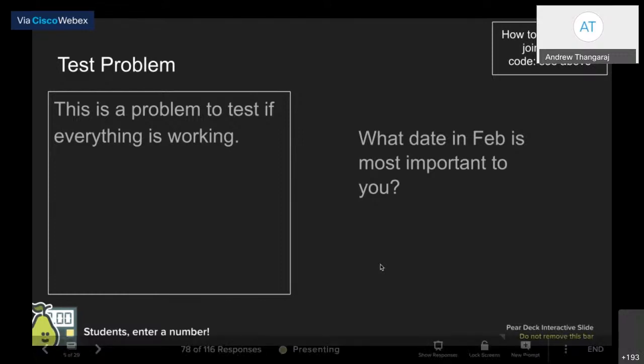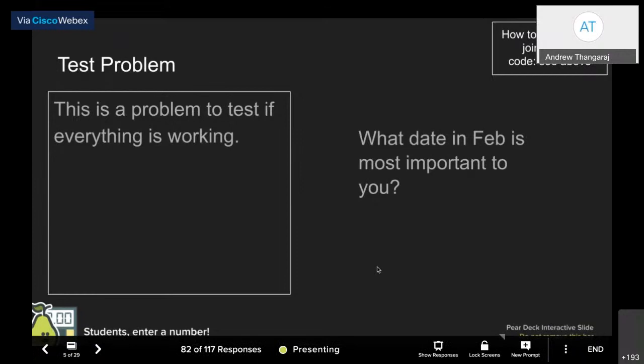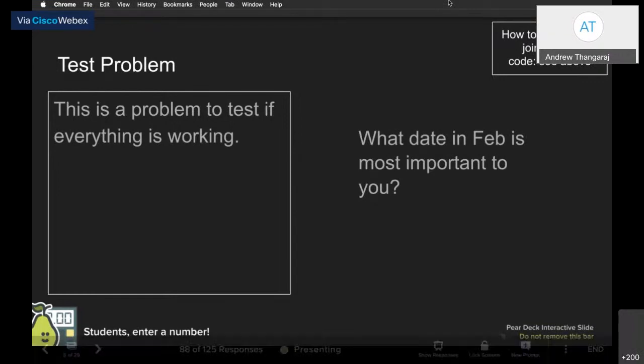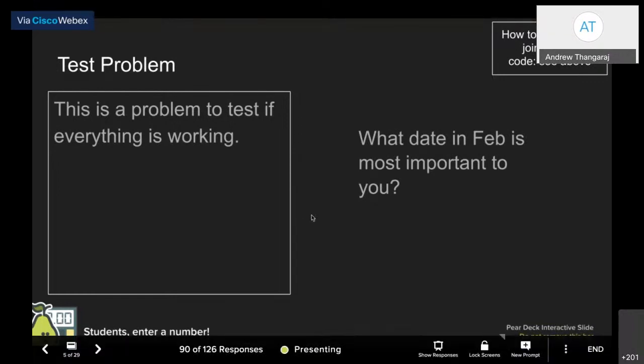Let's see if there's any common answer. I have a few guesses as to what might be a common answer. I'll give it just one more minute, then we'll launch into the first of the graded assignment questions.